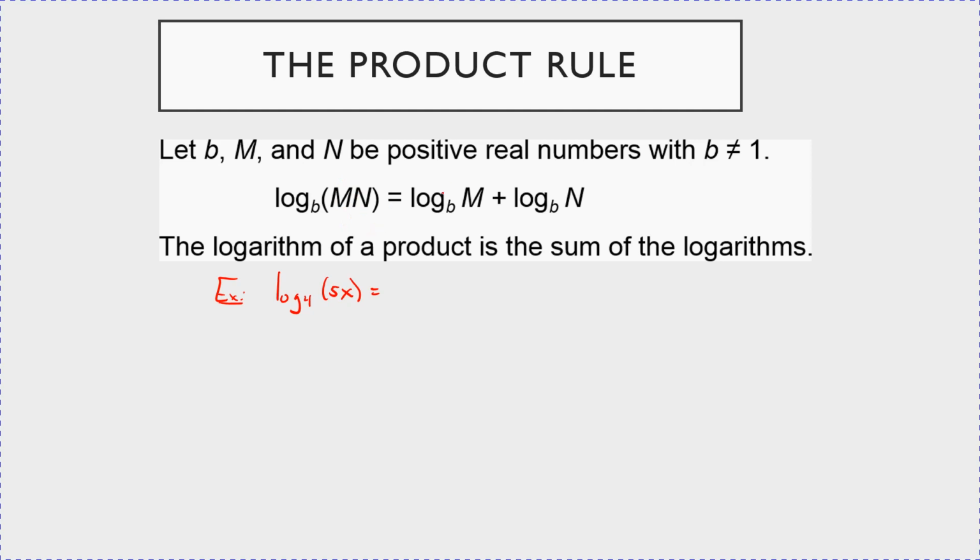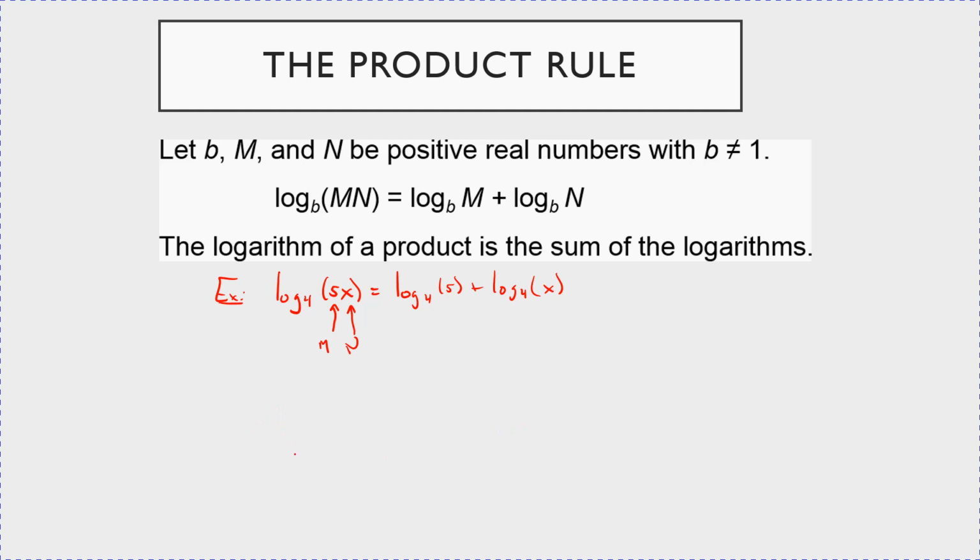You can write this as log base b of the first factor plus log base b of the second factor. This would be my m, and this would be my n. So this is equal to log base 4 of 5 plus log base 4 of x.